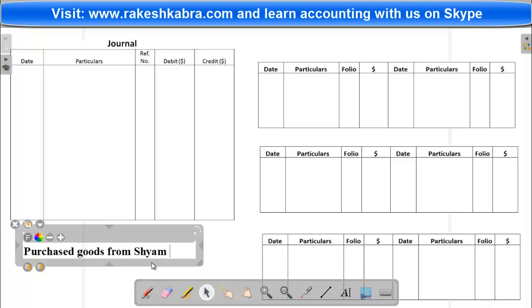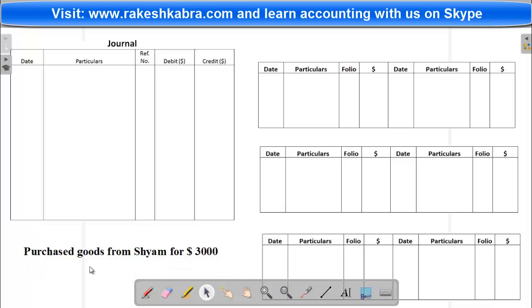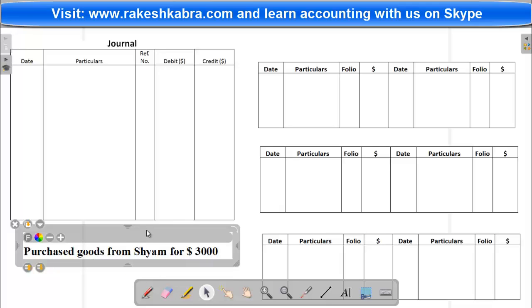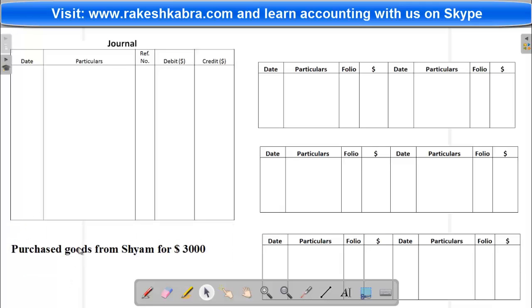Shyam is the name of the supplier. This is the first transaction. You tell me, first we will record this transaction where? In the journal. And to record it we have to analyze this transaction: purchase goods from Shyam for $3,000.